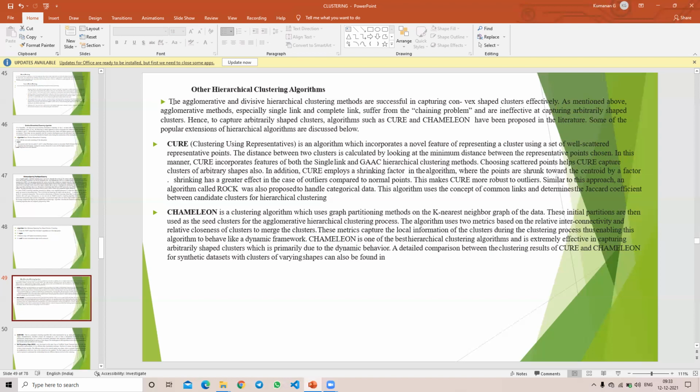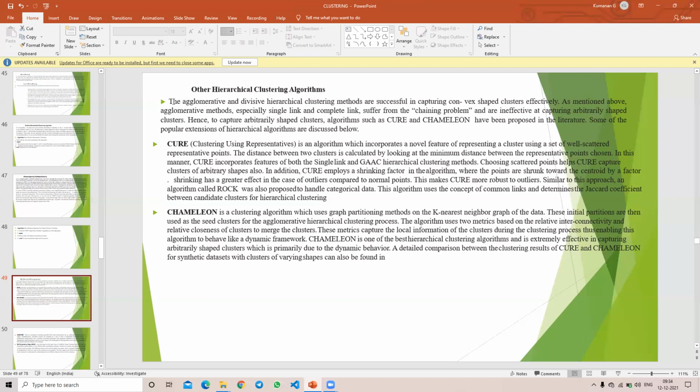This algorithm uses two metrics, based on the relative interconnectivity and the relative closeness of clusters, to merge the clusters. These metrics capture the local information of the clusters during the clustering process, enabling the algorithm to behave like a dynamic framework. Chameleon is one of the best hierarchical clustering algorithms and is extremely effective in capturing arbitrarily shaped clusters, primarily due to its dynamic behavior.